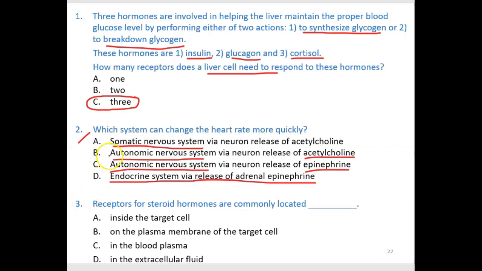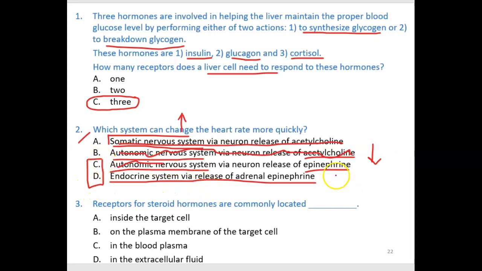So I want to change this to increase the heart rate most quickly. Oops, so that takes out B because that would lower the heart rate. The somatic nervous system doesn't even innervate the heart, so that's not an option. And then you're left with C versus D.